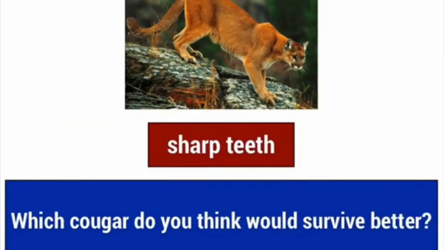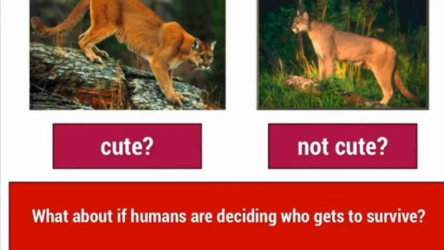Because nature is choosing, the cougar that has the sharper teeth would be able to survive because it would be able to fight off the predators more. But when humans are choosing which one's going to survive, humans are more likely to look at which one is cute versus which one is not so cute.